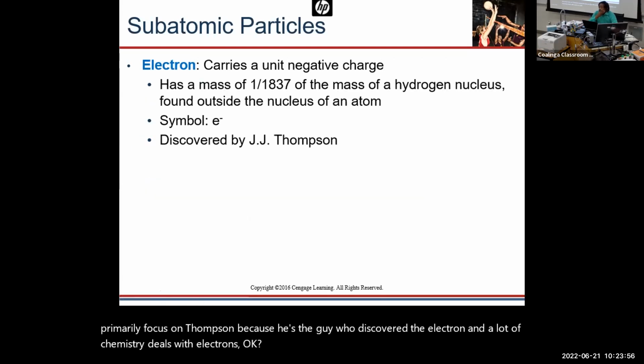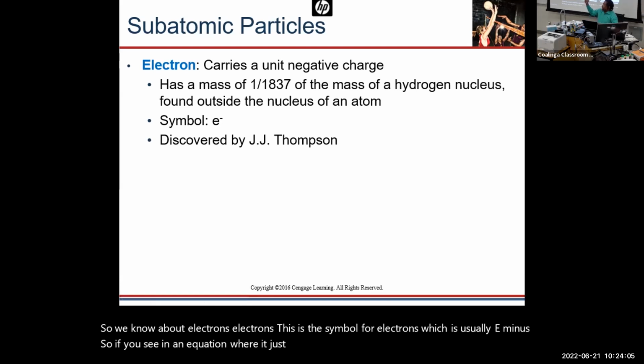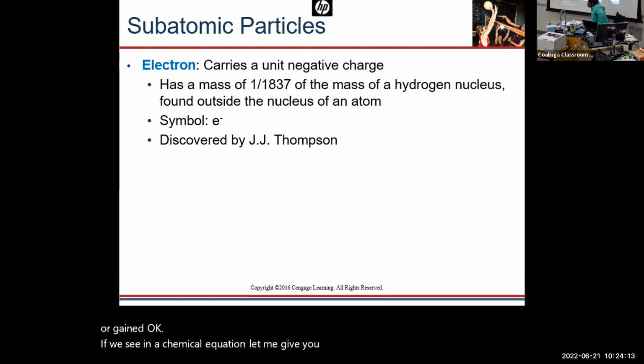So we know about electrons. This is the symbol for electrons, which is e minus. If you see in an equation where it just says e minus, that means an electron is involved. Let me give you an example.